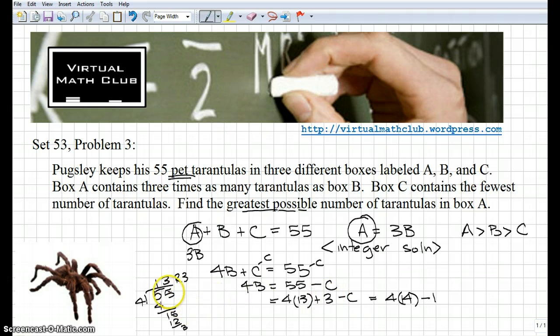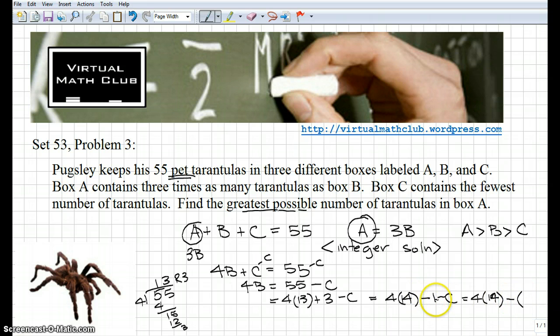But I don't have 56, I have 55, so I'm going to subtract 1. So this is basically the same thing, these two things. And this one is actually just a little easier to work with. Well, let me write it down here. Actually, let me erase this, because I don't want plus, I want minus.